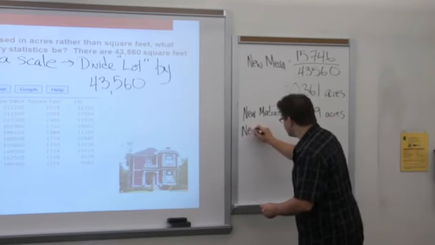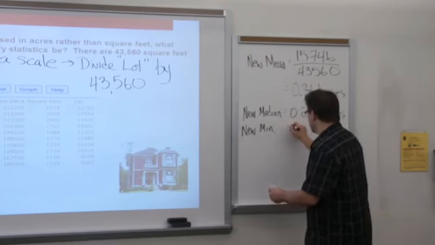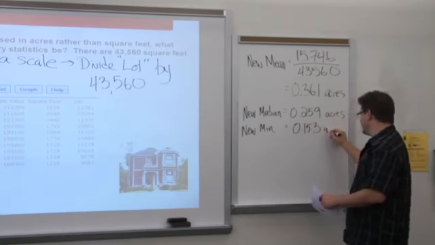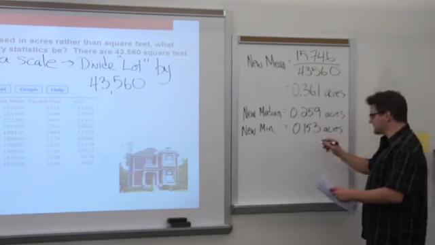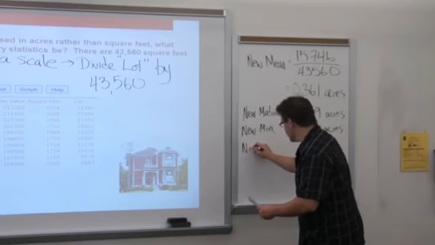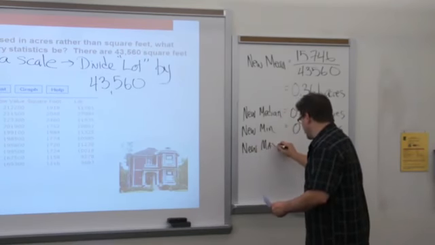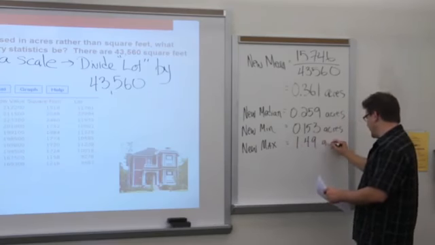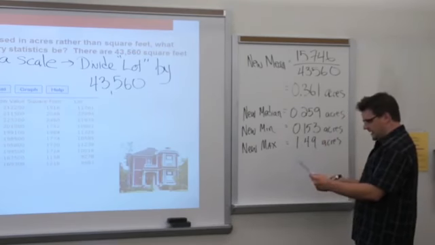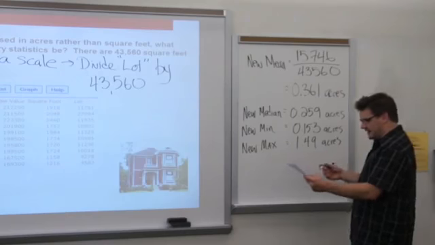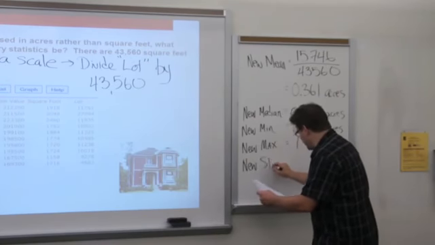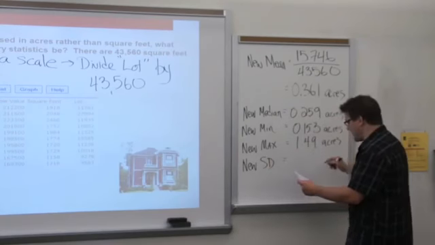The new minimum, if we divide it out, 0.153 acres. The new maximum, so the largest lot in this neighborhood is 1.49 acres. And we had those two measures of spread, standard deviation. We would divide the old standard deviation by the 43,560.